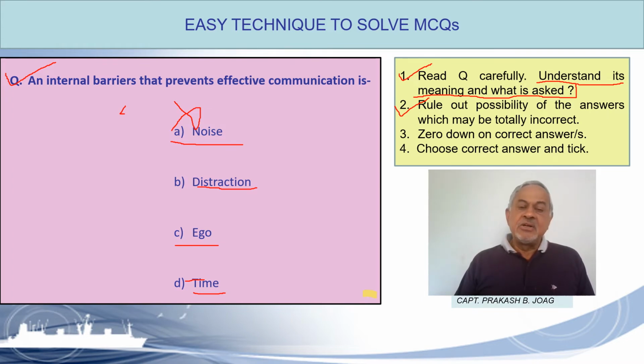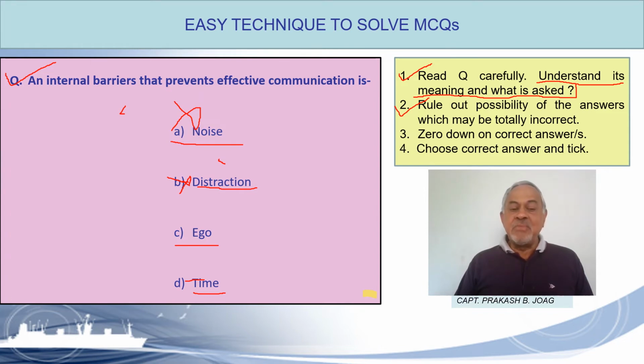Then second one, distraction. So something outside is distracting your attention, and this also cannot be a correct option, or it also can be a tangent. Okay, so noise and distraction both are external factors. Let us see ego. Ego, can it be an external factor? Answer is no. Ego is yours, your own ego, which will prevent you from speaking to somebody and having communication.